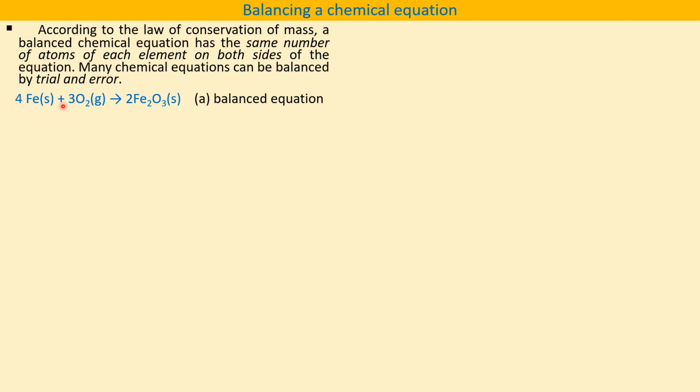If you compare the number of atoms on the left hand side, it is equal to the number on the right hand side. Consider Fe: 4Fe on the left hand side, and 2Fe2 on the right hand side, 2 into 2 becomes 4Fe. Similarly, in the case of oxygen, 3O2 is 6 oxygen atoms, and on the right hand side also 2 into 3, that is 6 O. Hence, it is a balanced equation.